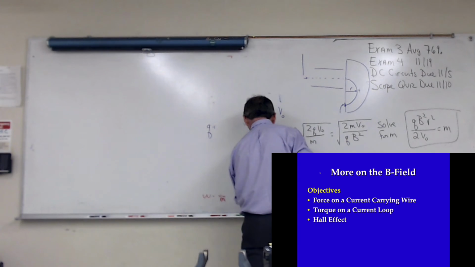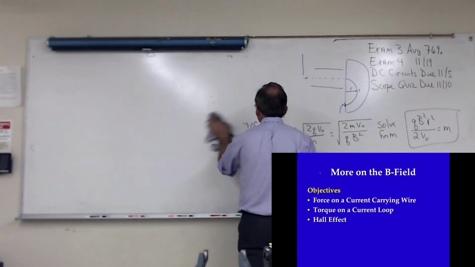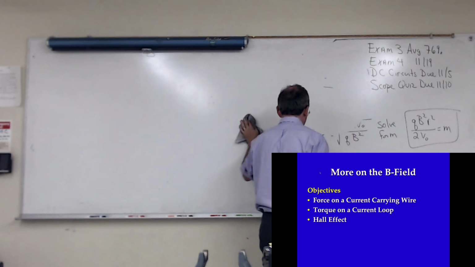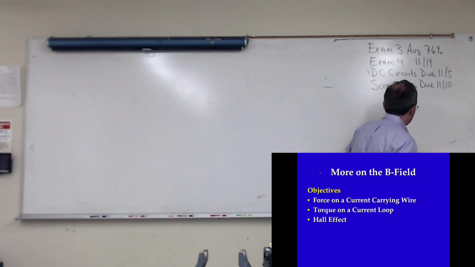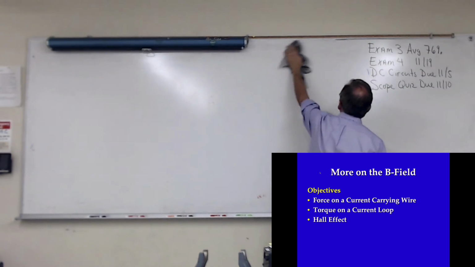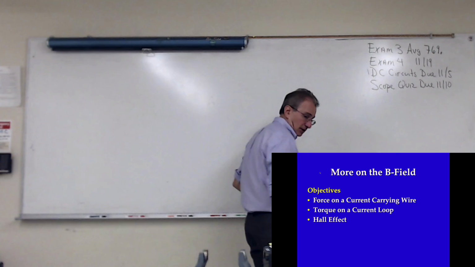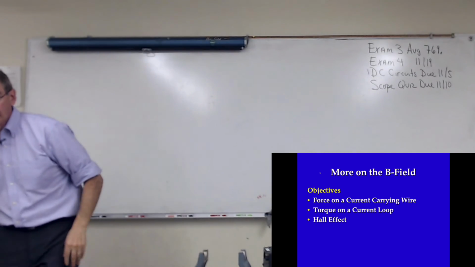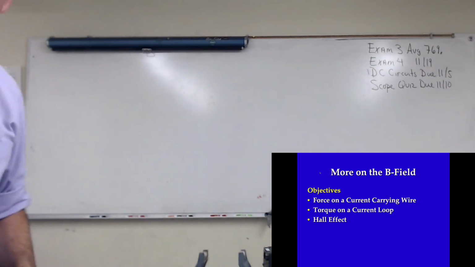So I want to show you what happens when you put a wire in the magnetic field. I'm going to demonstrate it for you. This is going to happen very quick. Let me see if I can point things down here.